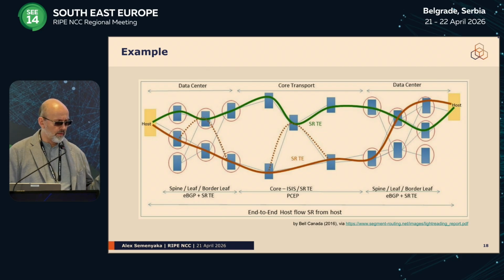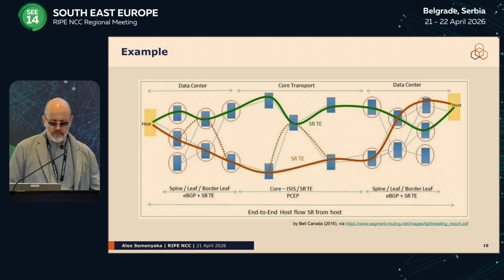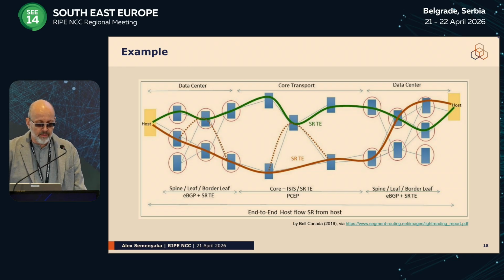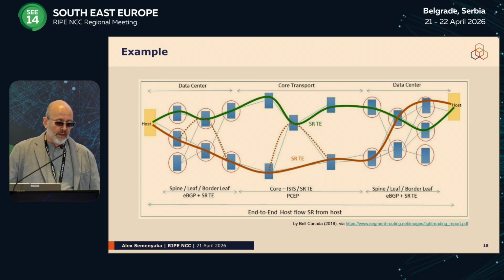This picture was introduced by Bell Canada in 2016, and then it was taken by Cisco in their description of the segment routing protocol as an example. But once again, that's the dream. It never came to reality.